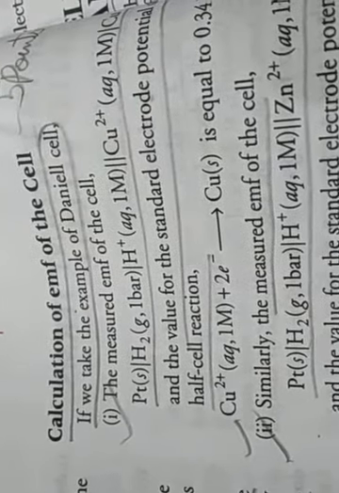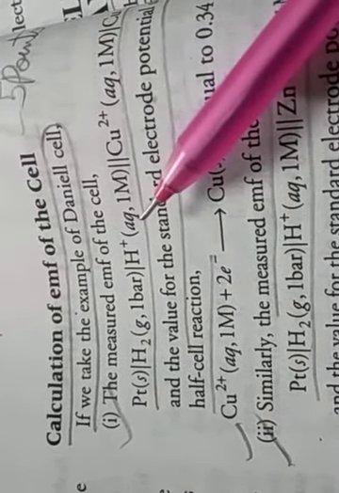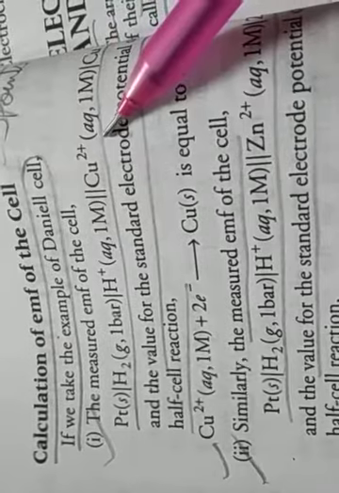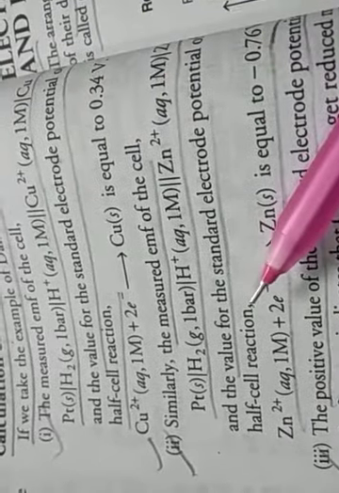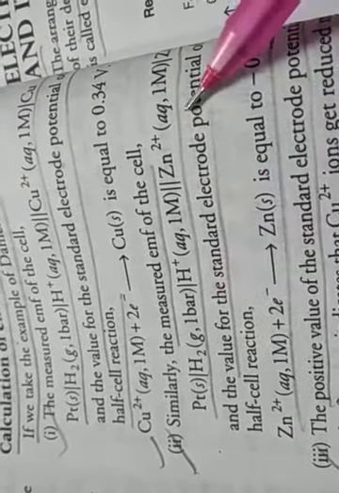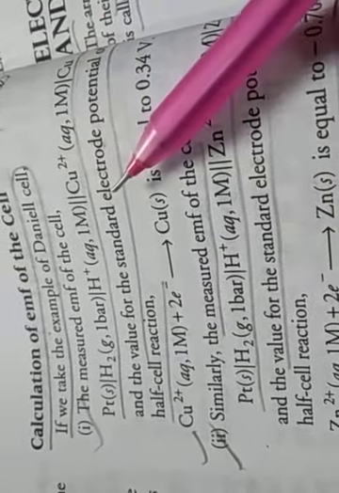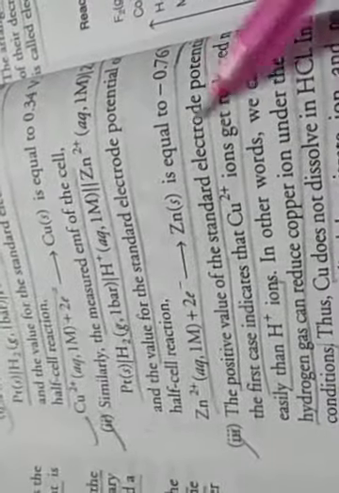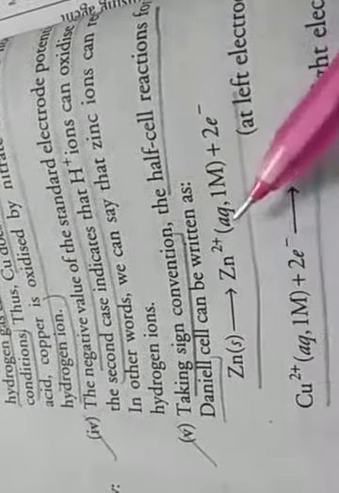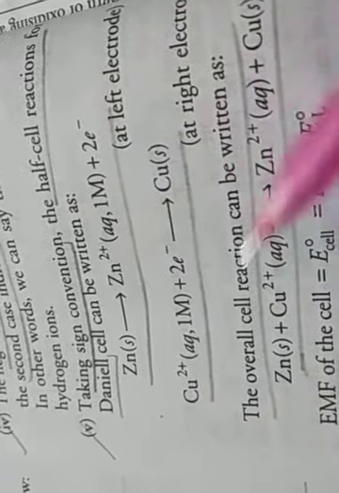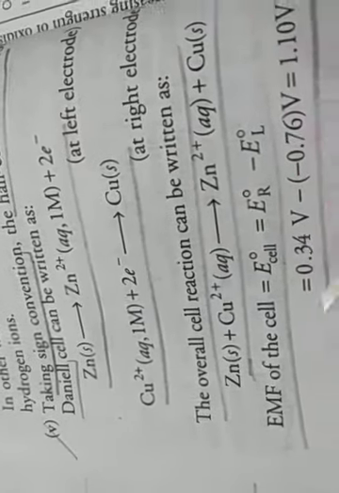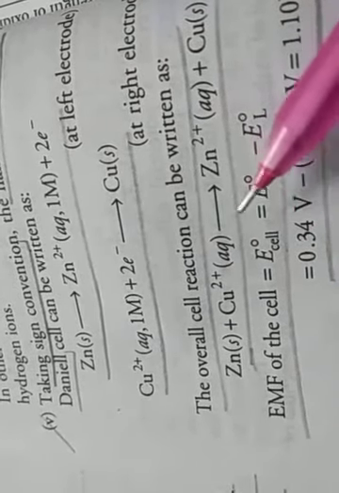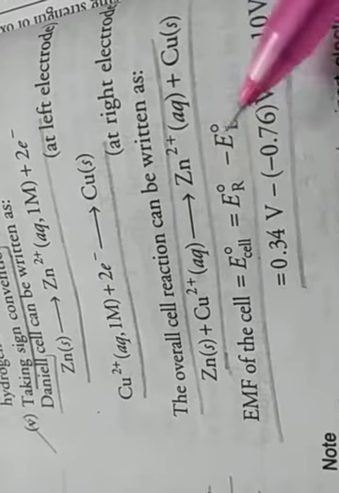For the Daniell cell, first the standard hydrogen electrode with copper on the second side, then the standard hydrogen electrode with zinc. The copper electrode potential is 0.34 volt and for zinc minus 0.76 volt. According to the Daniell cell, we take the half cell reactions, oxidation and reduction, and the overall cell reaction this way. So the EMF of the cell, E naught cell, is equal to E naught R minus E naught L.